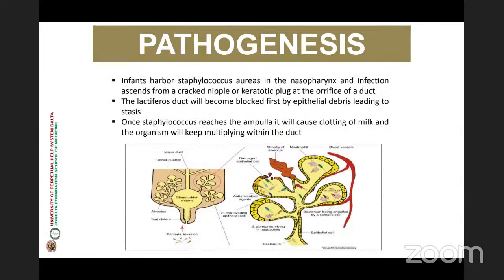So we will have duct ectasia and periductal mastitis. This is brought about by dilatation and shortening of the breast duct. It is a common involutional change that appears around menopause. So compared to a postpartum lactating patient, you have a menopausal woman as your patient for duct ectasia and periductal mastitis.